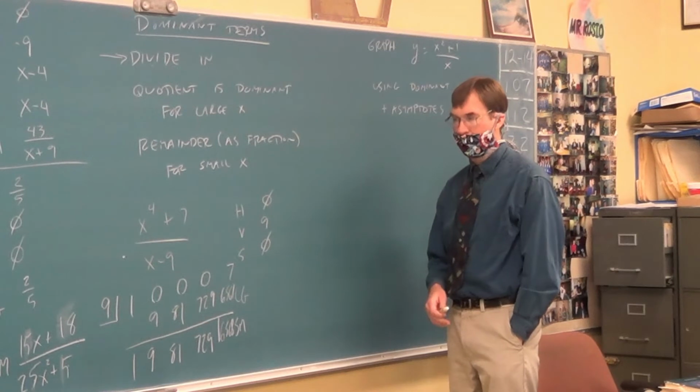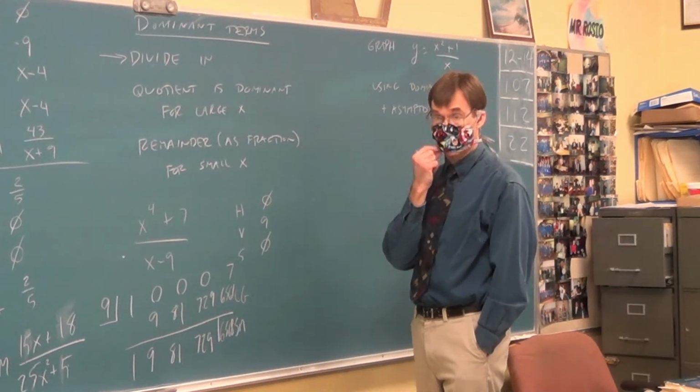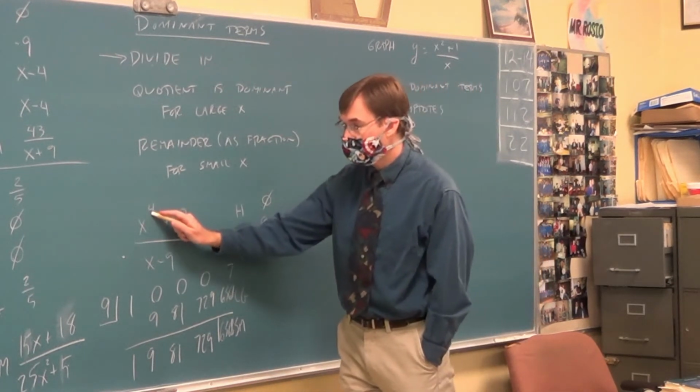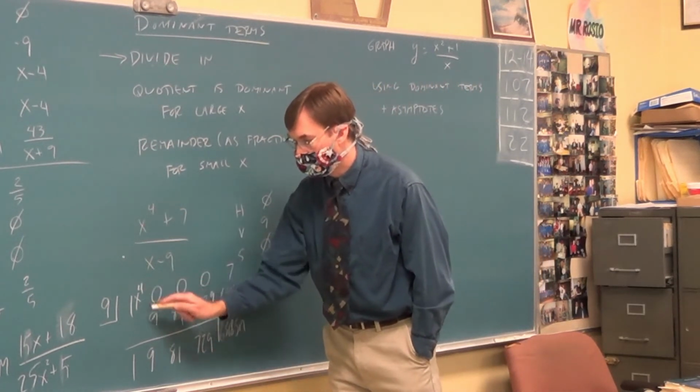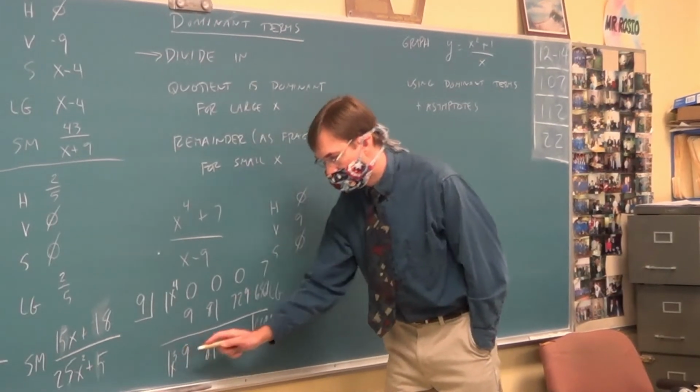They don't usually get that big, but synthetic dividing was a lot nicer than regular dividing, I'll say that. So the large dominant term, since this was an x to the 4th problem, this is now an x to the 3rd type answer.